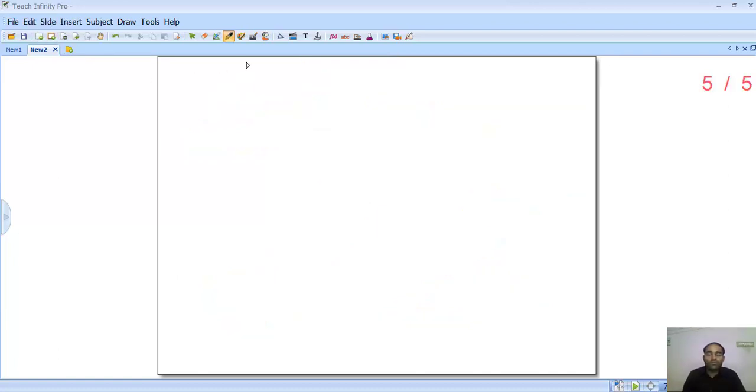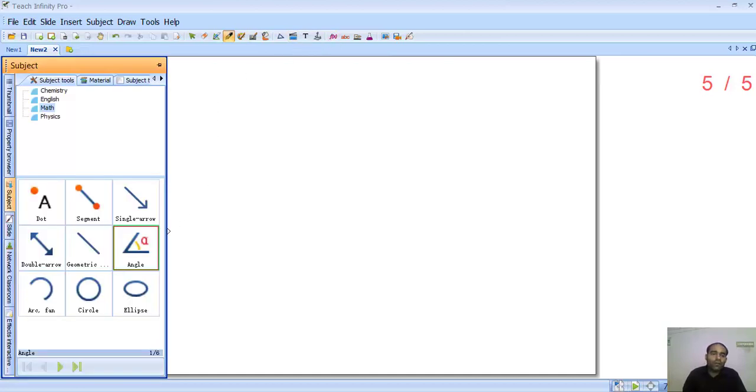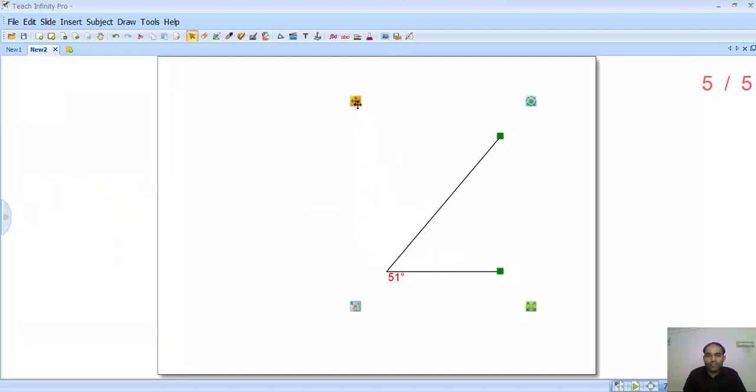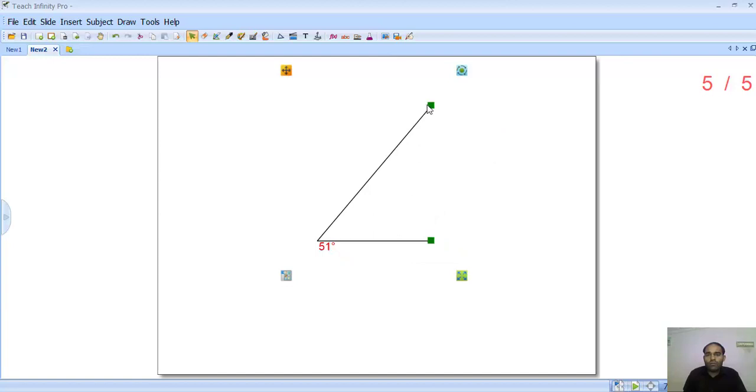Now you know the angles which are less than 90 degrees will be called acute angles. Now what will happen when the angle increases above 90 degrees? Okay, this is 90 degrees.